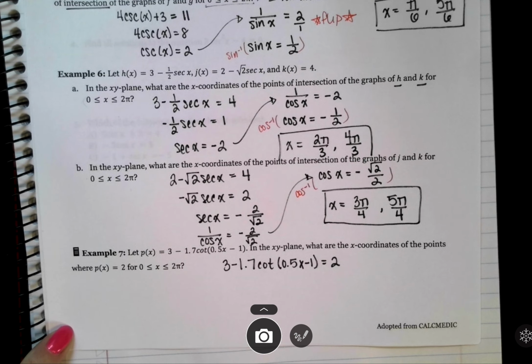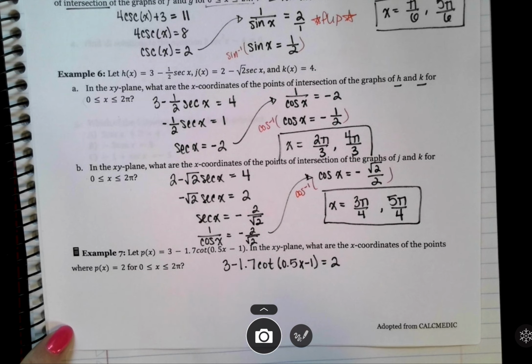So I can go ahead and solve this by hand until I get to a point where I do need my graphing calculator. I'm going to subtract 3 on both sides. And then I'm going to divide by negative 1.7. Negative 1 divided by negative 1.7 gives me a really long decimal.